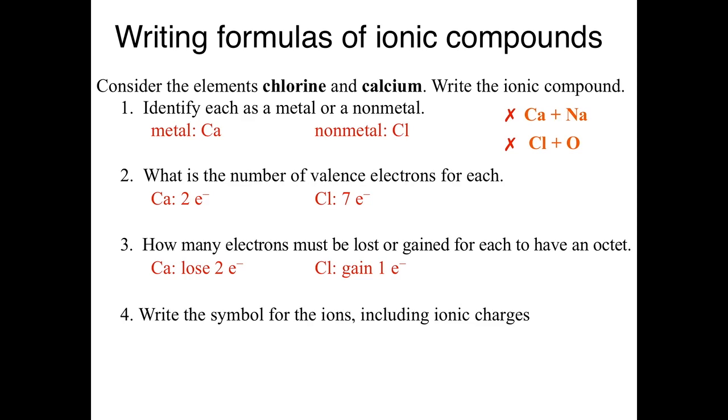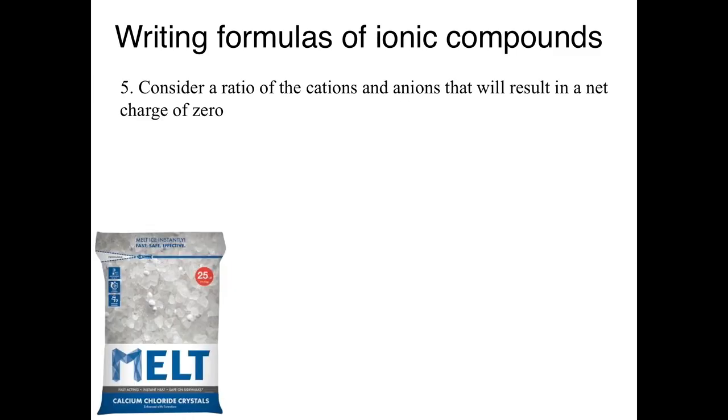From this last information, can you write the symbol for the ions? If calcium loses 2 electrons, it's going to be calcium 2+. If chlorine gains 1 electron, it's going to be chloride minus. The last step is to consider the ratio of the two ions that will result in a net charge of 0. From our last step, we have a calcium 2+ and a chloride -1.